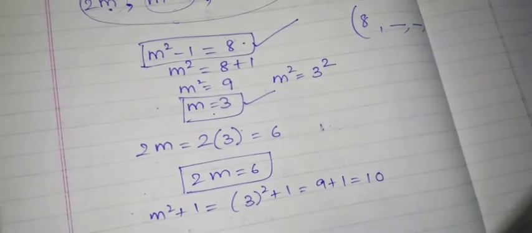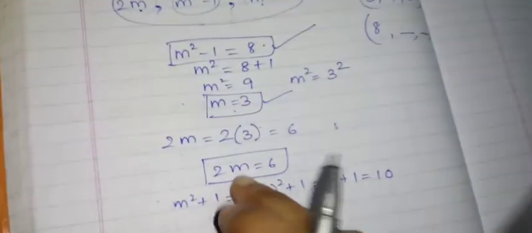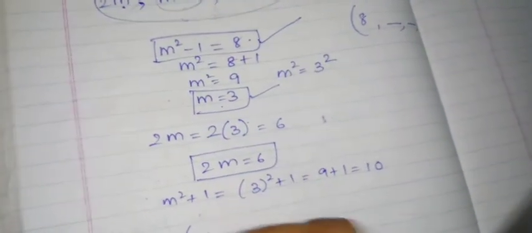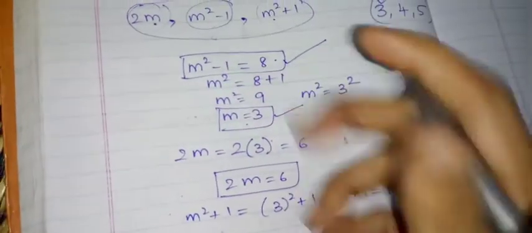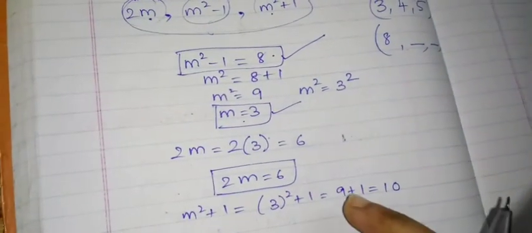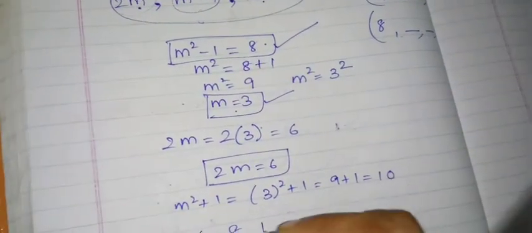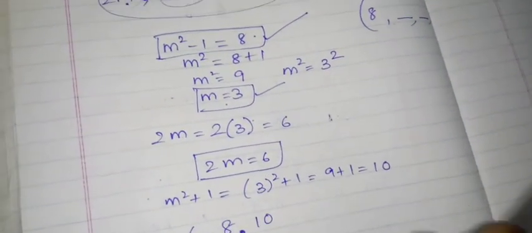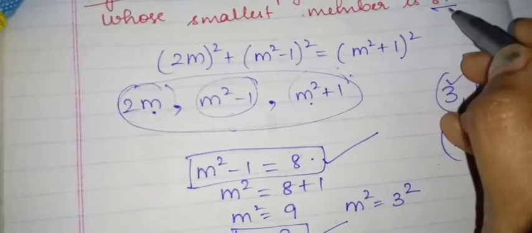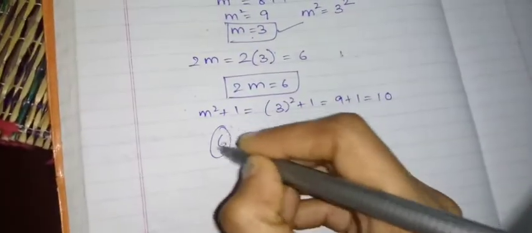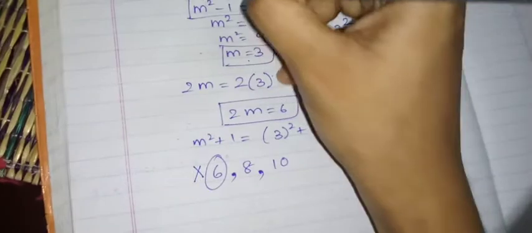So what are the triplet values? First value 2m is 6. Next, m square minus 1 is 8. Next, m square plus 1 is 10. But I told you 8 is the smallest number, but here 6 is the smallest number. So our assumption of taking m square minus 1 is equal to 8 is wrong.